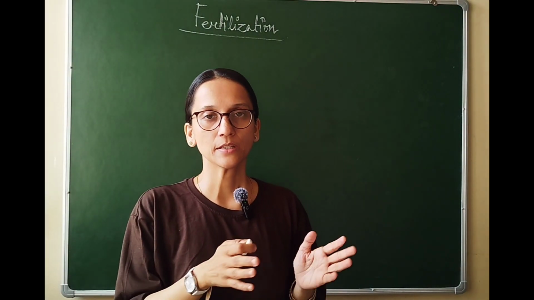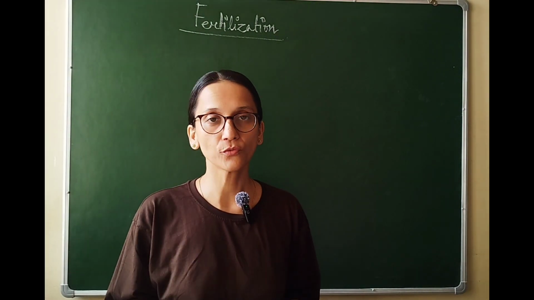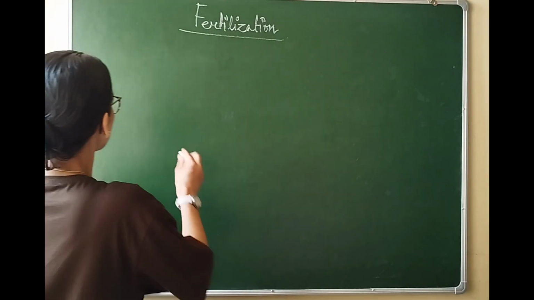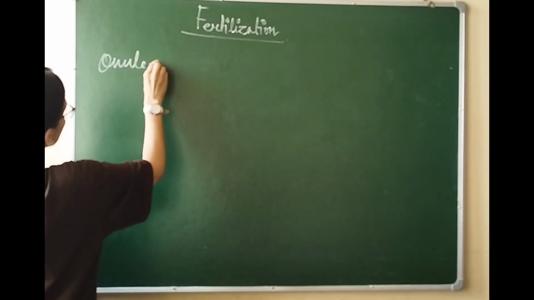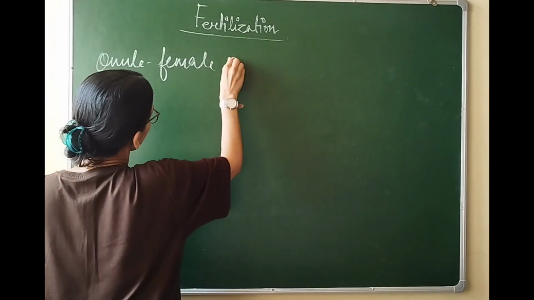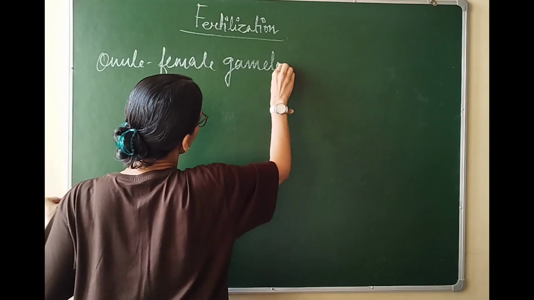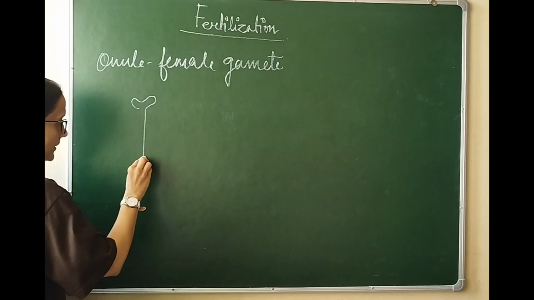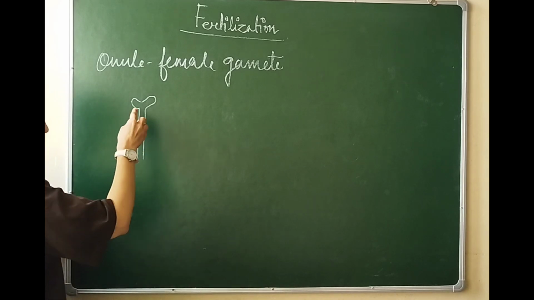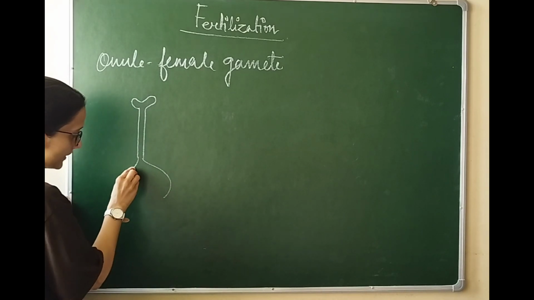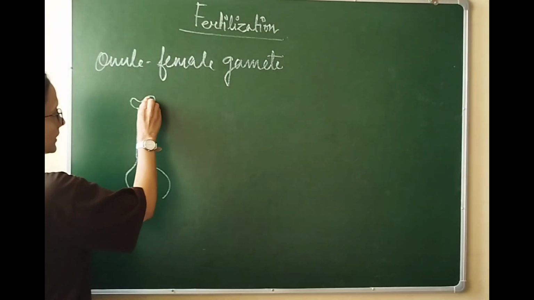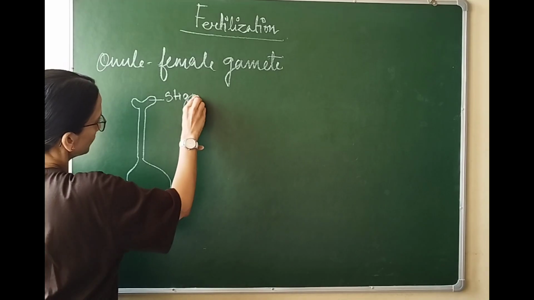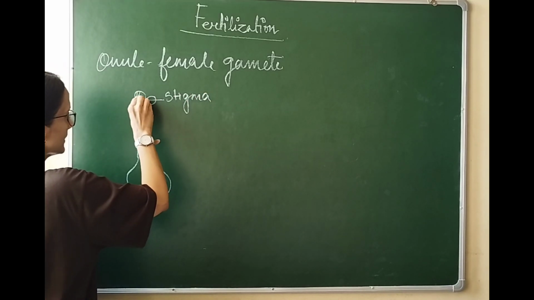Now the female gamete in plants is produced by a structure called ovule which remains inside the ovary. So the ovule produces female gamete, and now we have to study the structure of this. If you look into the structure of gynoecium, it has stigma, then it has style, and then there is ovary. So this is stigma where the pollen grain will come and settle.